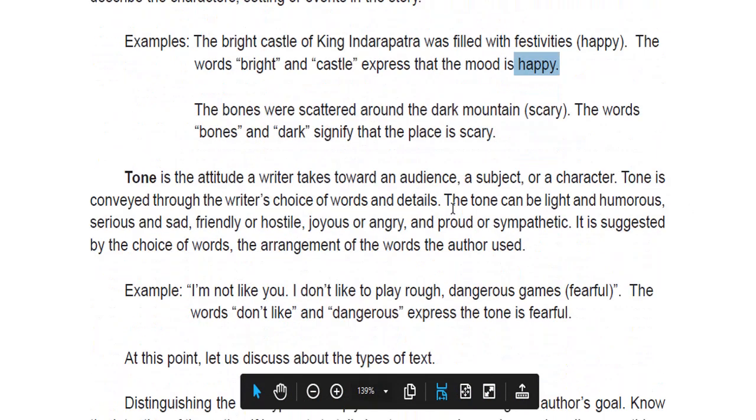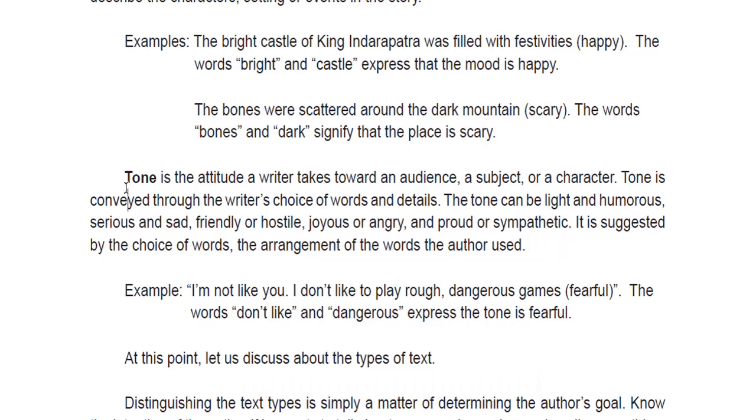Okay? Tone, on the other hand, is the attitude a writer takes toward an audience, a subject, or a character. So tone is conveyed through the writer's choice of words and details. The tone can be light, humorous, serious and sad, friendly or hostile, joyous or angry, and proud or sympathetic.